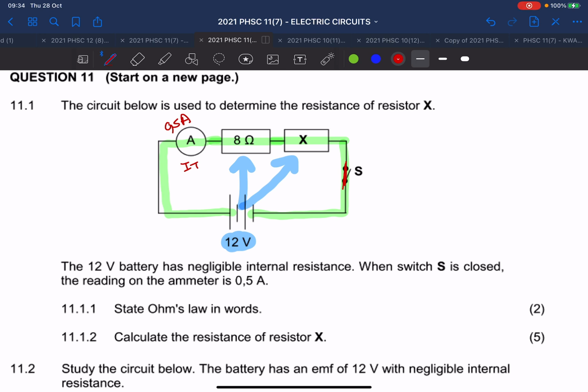Okay. Now, state Ohm's law in words, Botomelo.